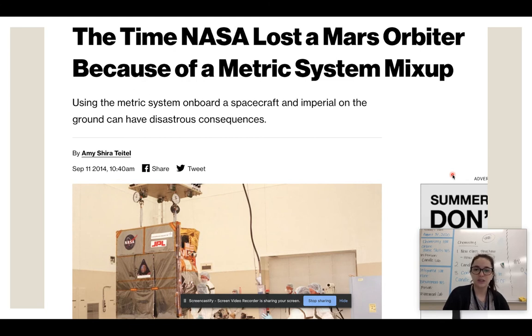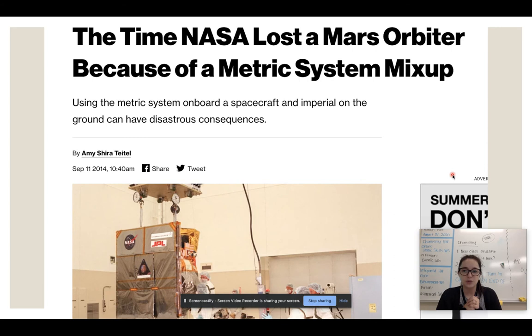Having this small error actually jeopardized this entire mission, because the orbiter wasn't close enough to the planet to get in its gravity, and so when it got a hold of it, it kind of ricocheted off, and we lost it. Did not get it around Mars like we planned.